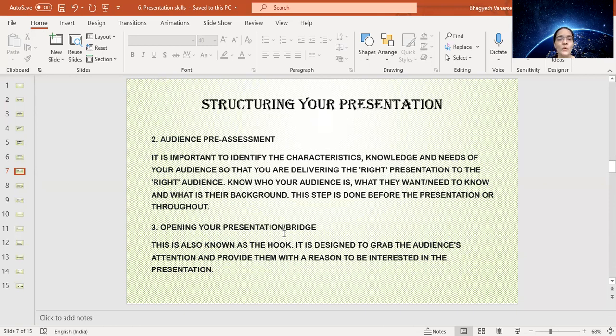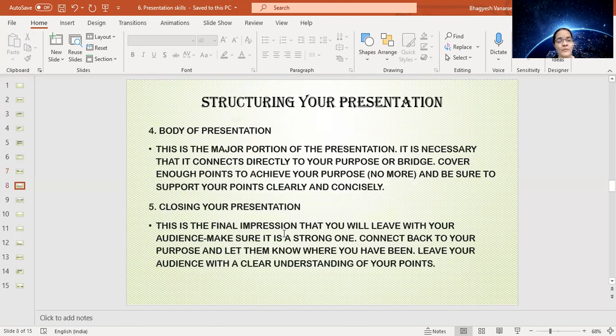Now, this hook could be a starting sentence, a phrase, a short story, a small example, a small discussion, or a case also. So this hook is a very important bridge where you start grabbing the attention of the audience.